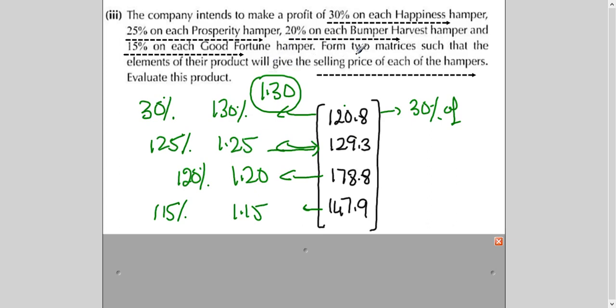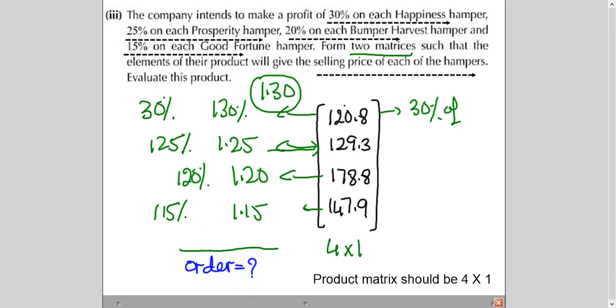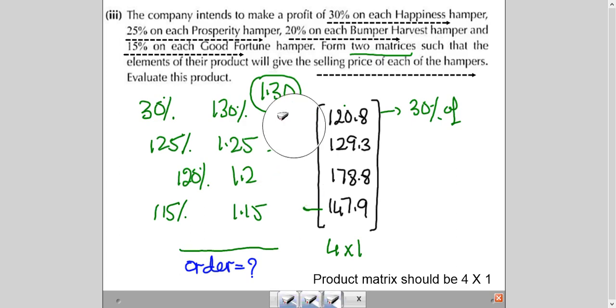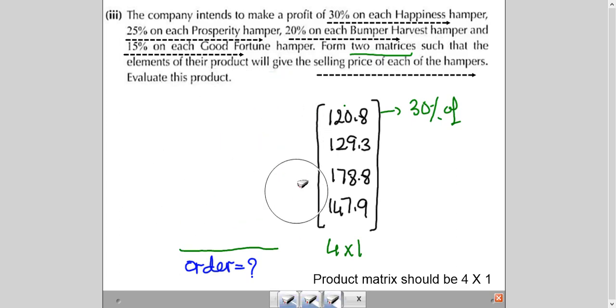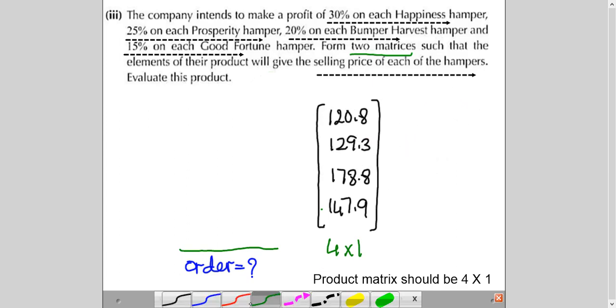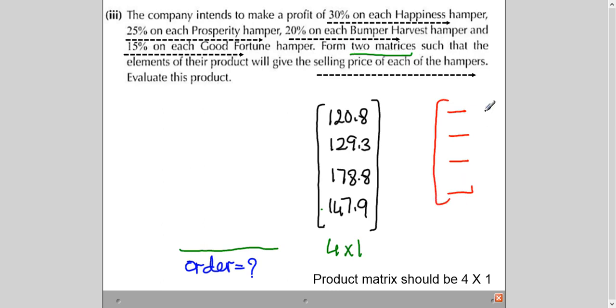But I have to write two matrices. I do not have to do simple multiplication here, right? So the thing is, if the order of this matrix is 4 by 1, let me erase what I have written here. Okay, so if the order of this matrix is 4 by 1, and I want the price of each hamper separately, it means at the end I should get an answer like this, and the order of the product is 4 into 1.